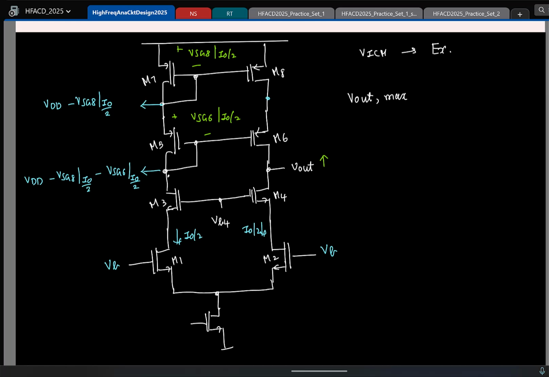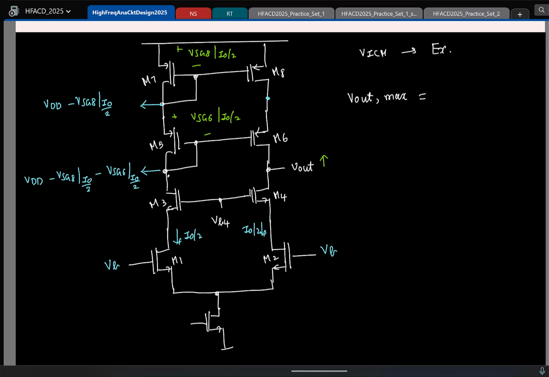It's a PMOS transistor. The drain for this PMOS transistor, what is the maximum limit for that? Yes, it is the gate voltage plus threshold. What is the gate voltage for M6?